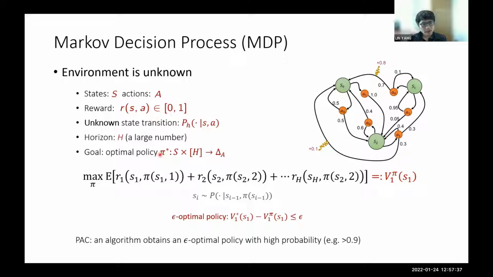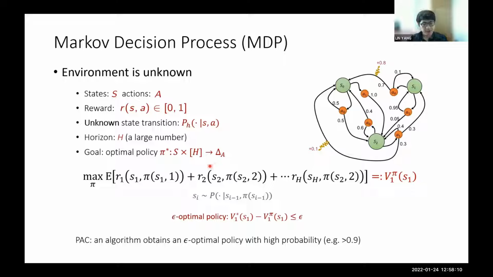As I said before, there is a horizon parameter H, so the agent needs to take an episode of data of length H. In order to model the agent's solution to this problem, we use the so-called policy. A policy is a function that maps the state and the time, from 1 to H, to a distribution over the action space, so the agent might take random actions.